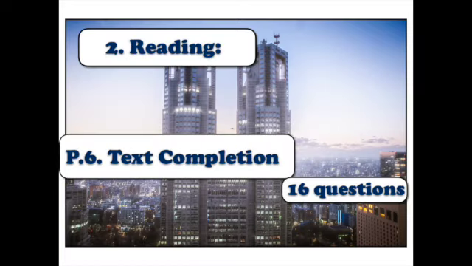Moving on now to part 6, also the second part of the reading section. This part is similar to part 5, but it's longer. It's called text completion. Text completion is made up of 16 questions.